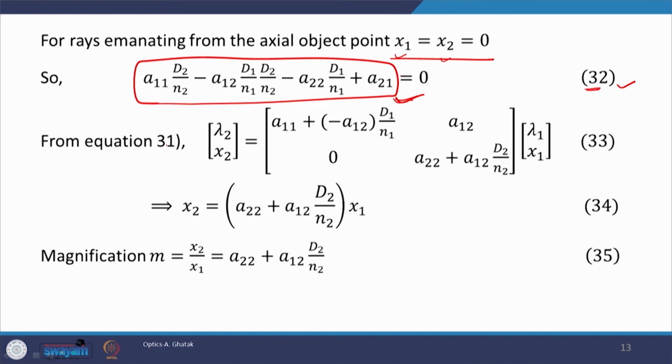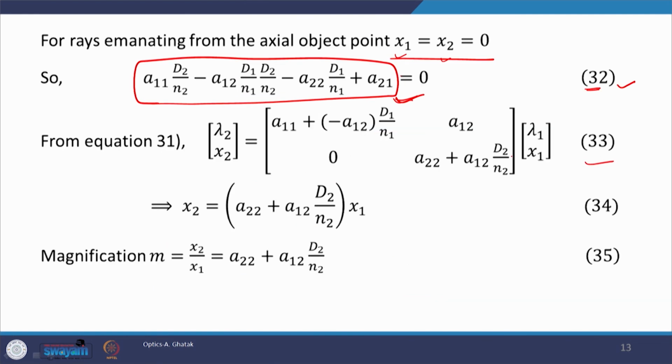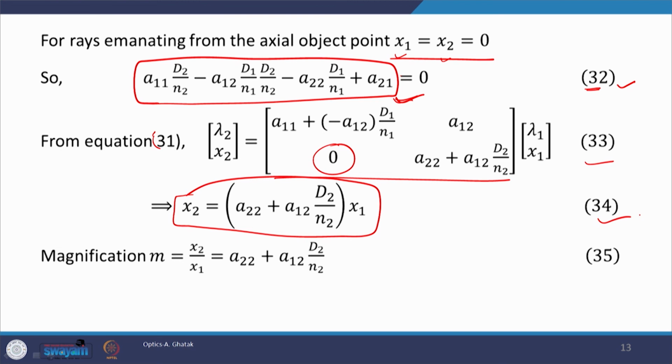In equation 31, which is our master equation, this term would be equal to 0. Since it is all equated to 0, we get equation number 32. Here this term is 0 now. We will again expand equation 32 to get an expression for x2, and this will lead to equation number 34.